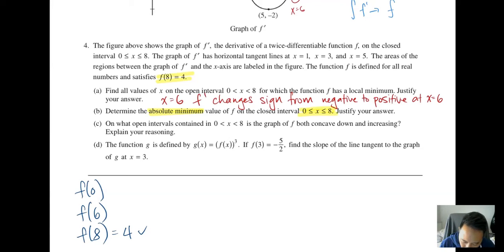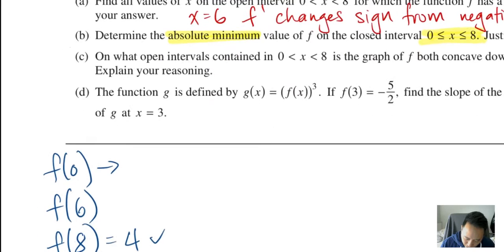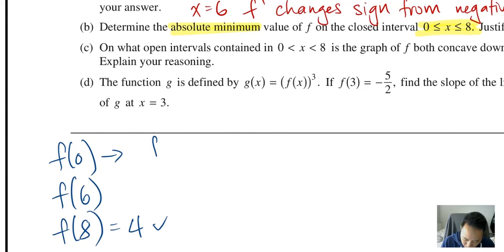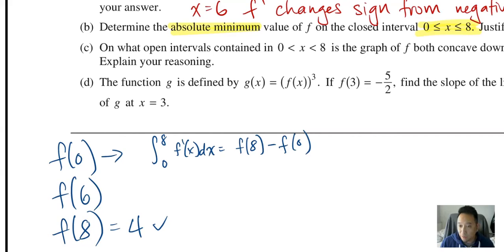Just as an example for f of 0, the way I like to think about this is I know I can do integration from 0 to 8 of f prime of x dx. That's going to give me the actual function f at 8 minus f of 0.